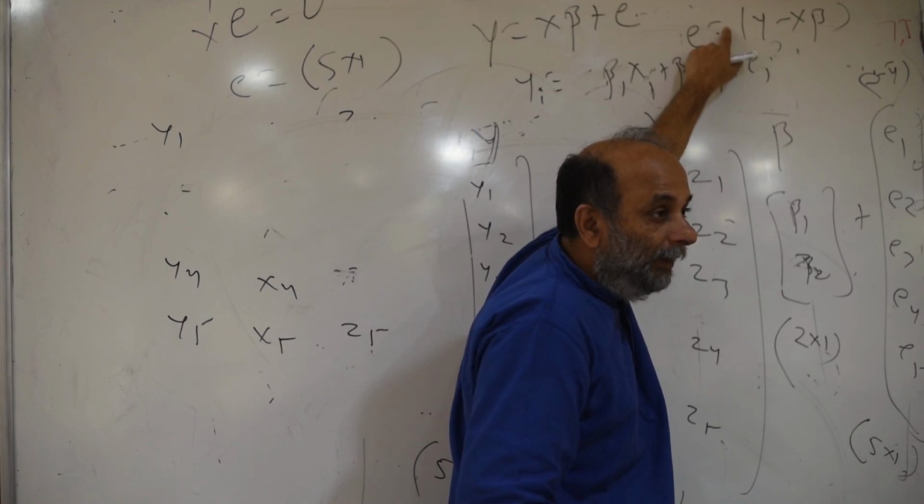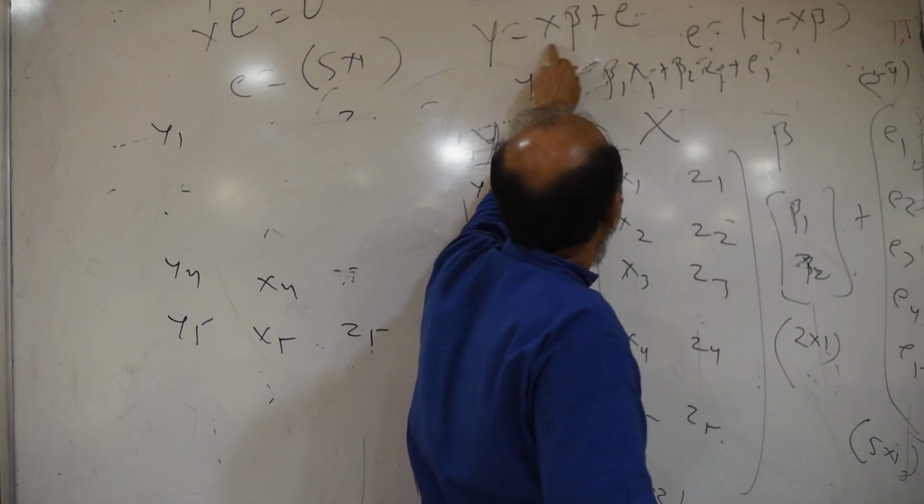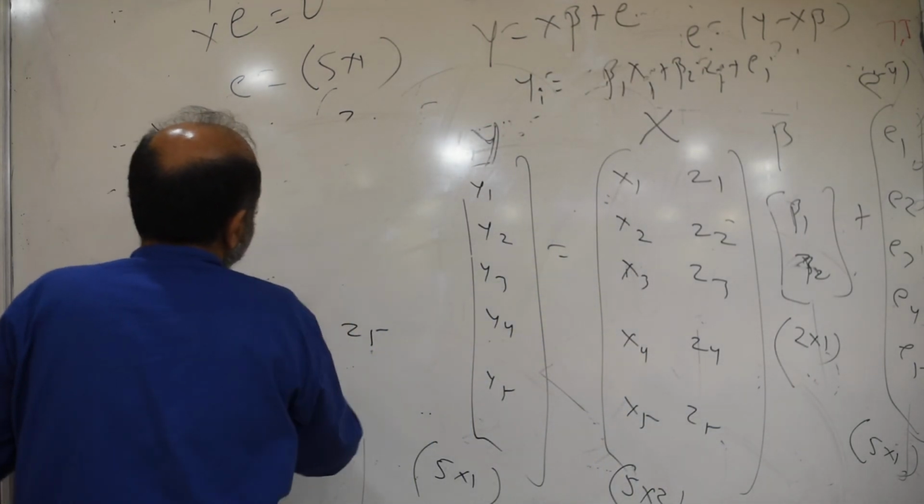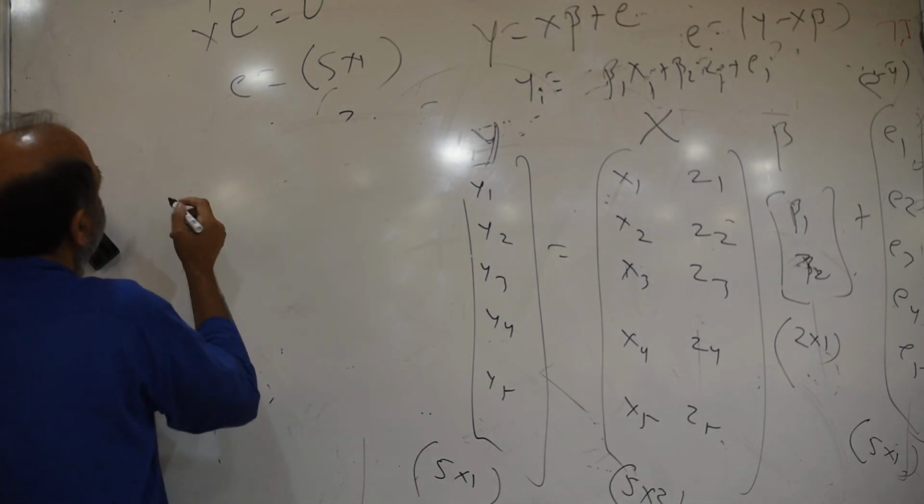E is y minus x beta, because y is x beta plus E. So E is y minus x beta.